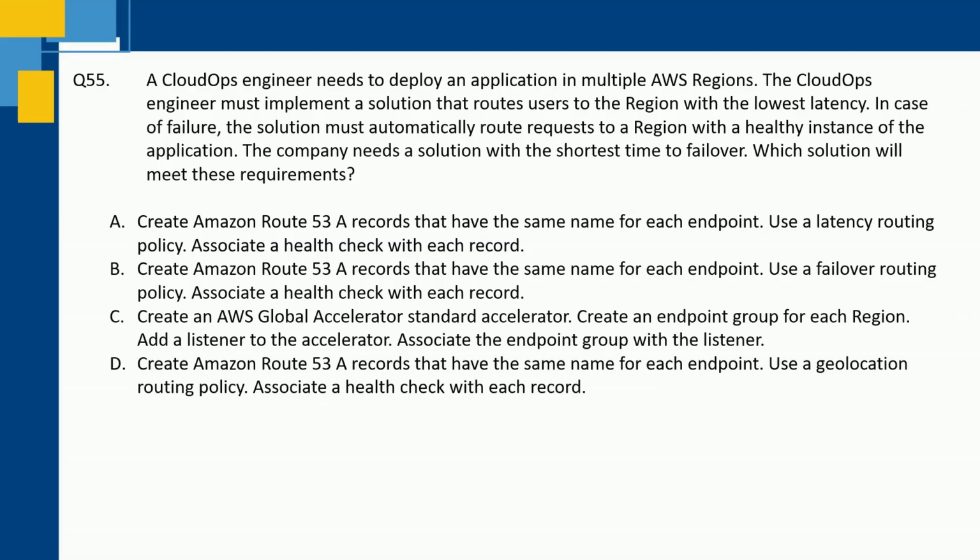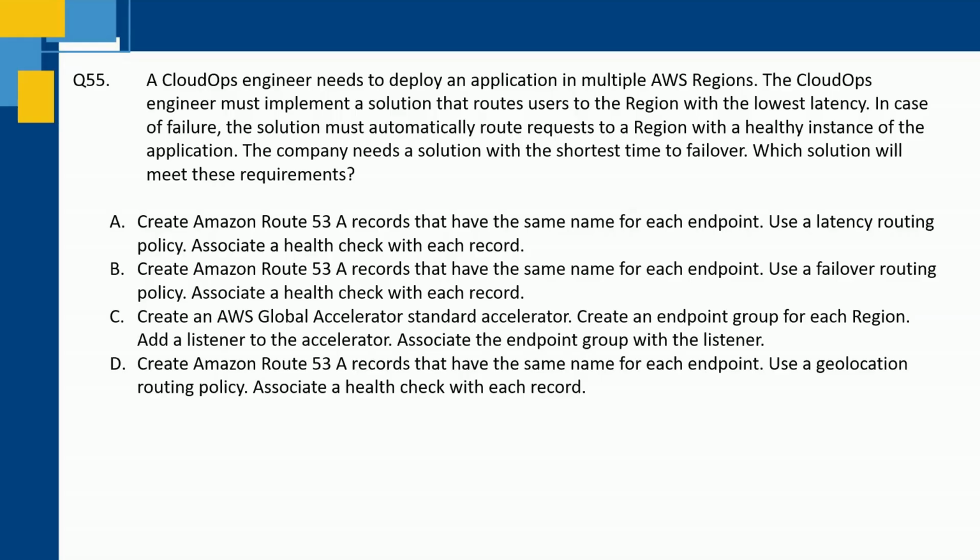Your options are: create Amazon Route 53 A records that have the same name for each endpoint, use a latency routing policy, associate a health check with each record. Create Amazon Route 53 A records that have the same name for each endpoint, use a failover routing policy, associate a health check with each record.